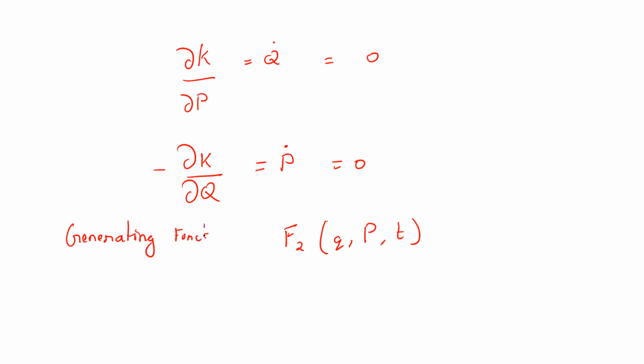And we had worked out how the transformations work out, right? In our previous class about canonical transformations, we had worked out for each generating function what the transformations are.